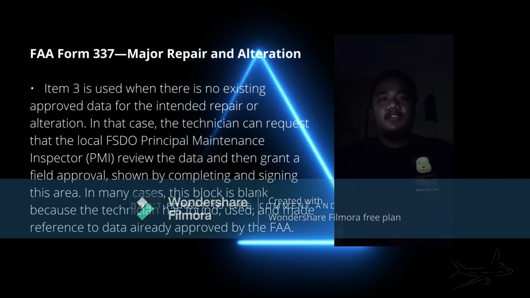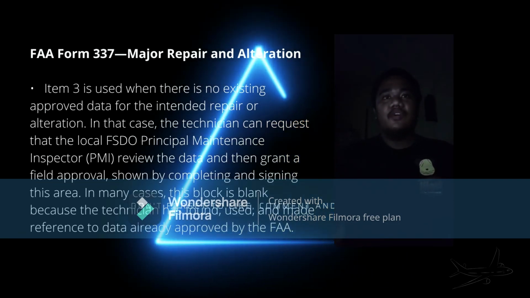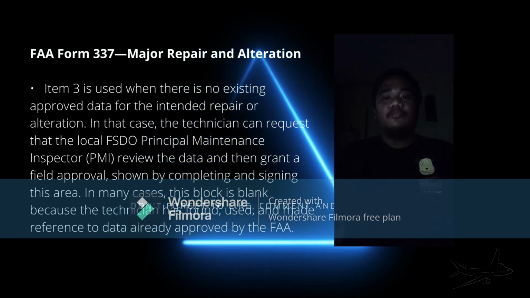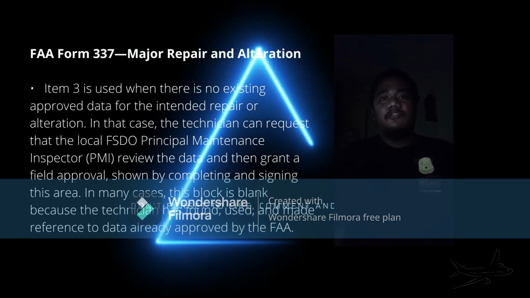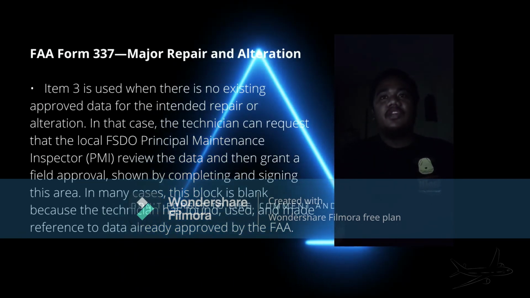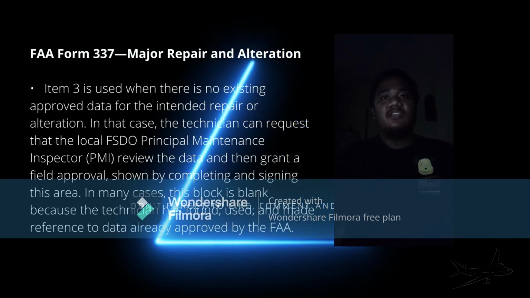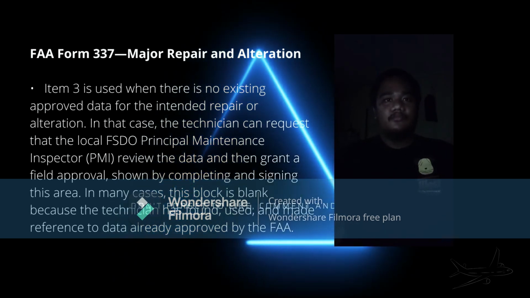In many cases, this block is blank because the technician has found use and made reference to the data already approved by the FAA. Item 4. If the repair or alteration is being done to the aircraft airframe, no entry is required since the data is identical to that in Item 1.